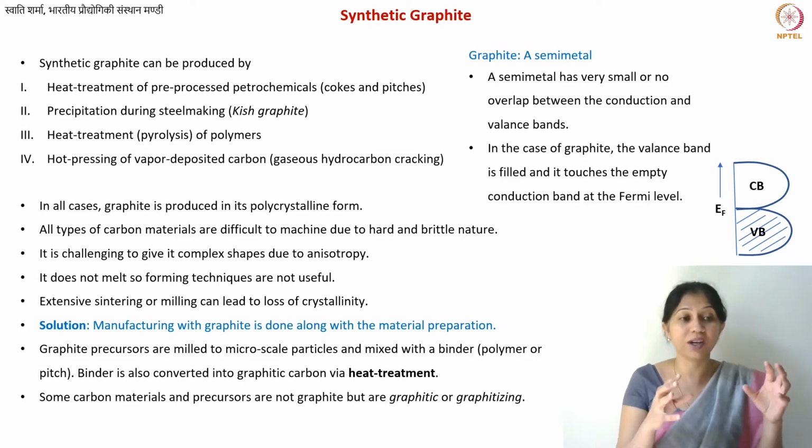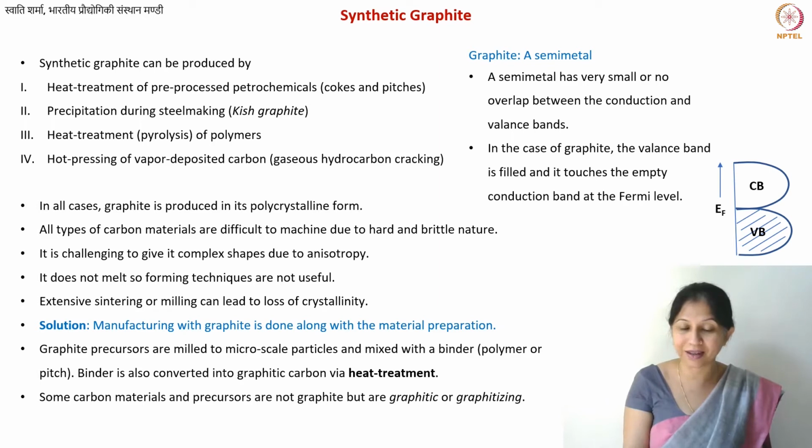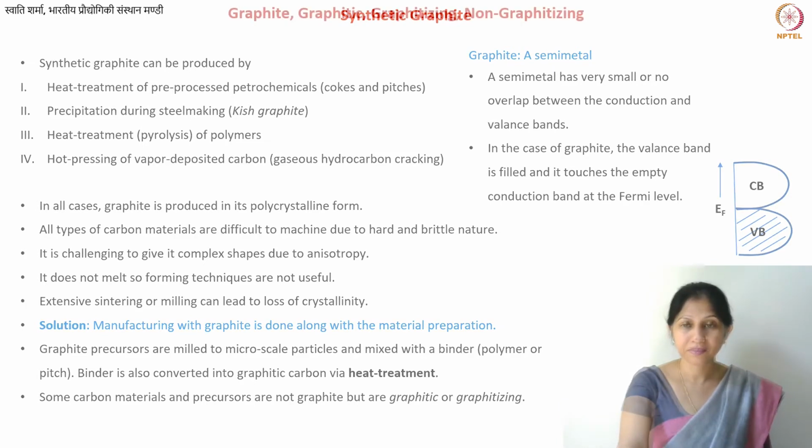And what is graphite? And what is graphene? These are the definitions that you need to know, because only then will you be able to differentiate between the materials that you have. Otherwise, you may end up calling something graphite which is not really graphite, and then you will be contributing to the confusion.